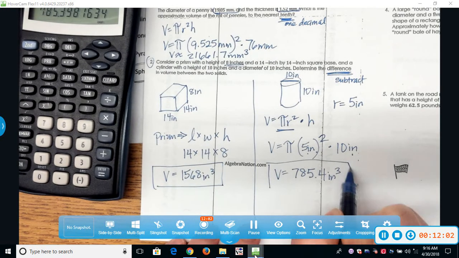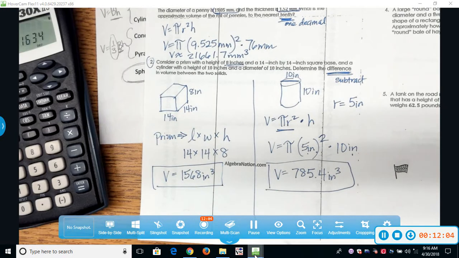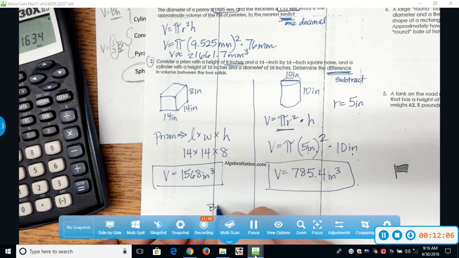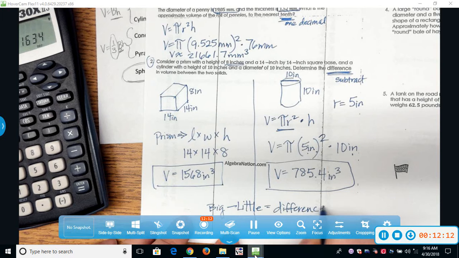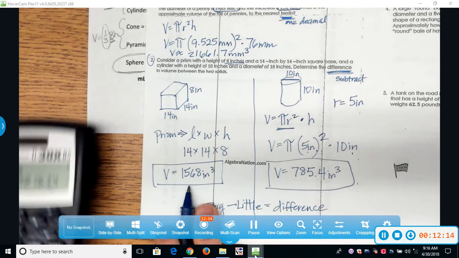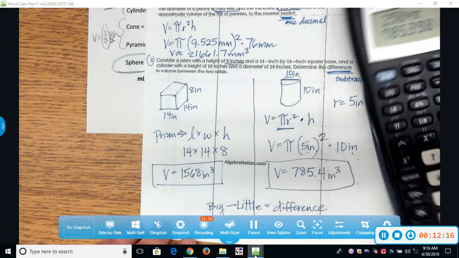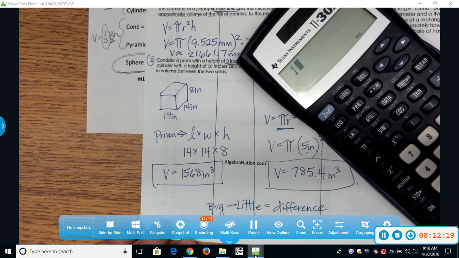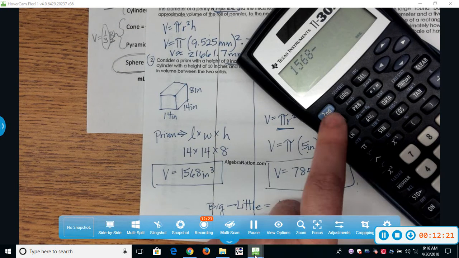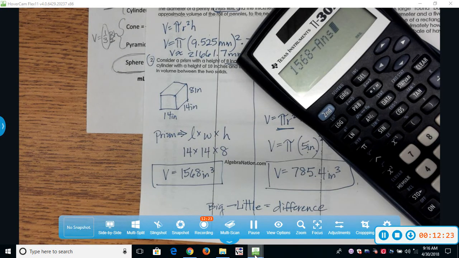All right, so now I have to find the difference. That's easy. Big minus little. That's going to give me my difference. So, I'm going to take 1,568, and subtract the answer, which luckily my calculator saves.